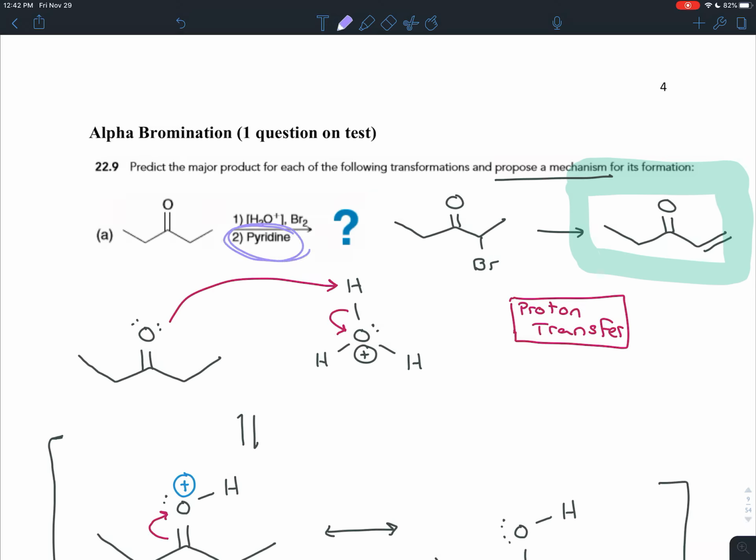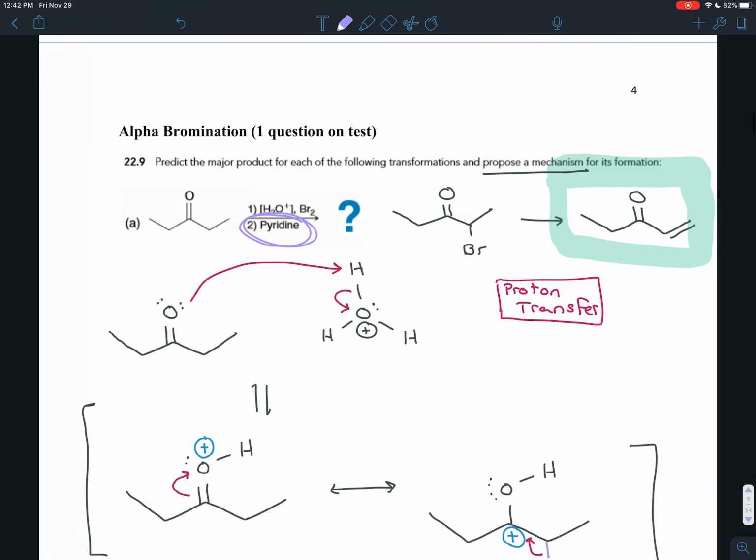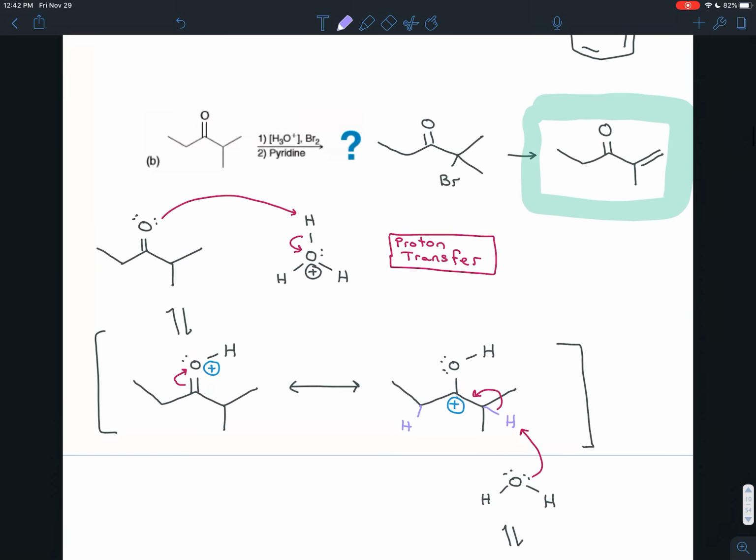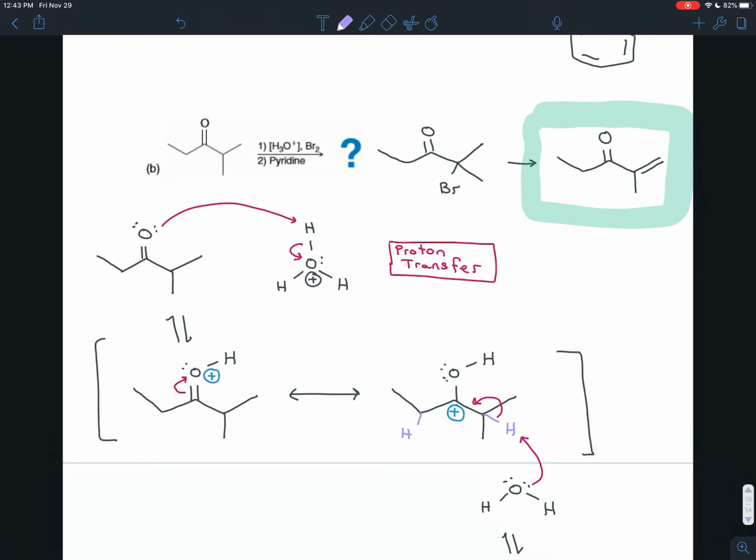And then we saw that once you have that bromine on that alpha position, that's really powerful because it opens up substitution and elimination reactions. And specifically in these exercises, we used elimination. The pyridine acted as a base, and so it stole the beta hydrogen, and that kicked the leaving group off. So we saw that that happens several times. We drew the mechanism out for it. One little detail you might remember is that when you do the alpha bromination, make sure the bromine goes on the more substituted carbon.